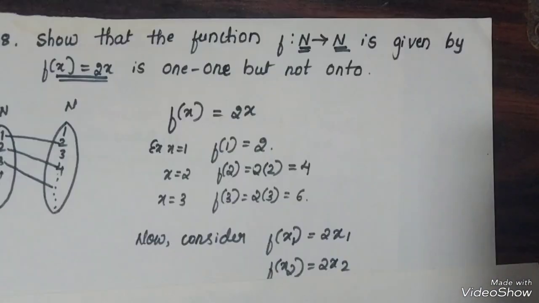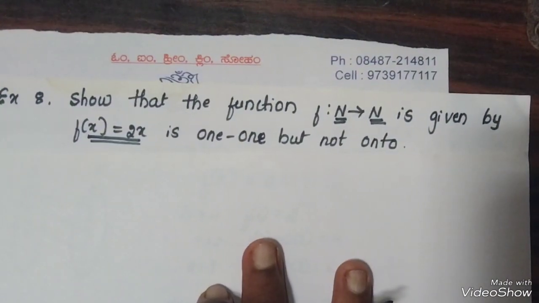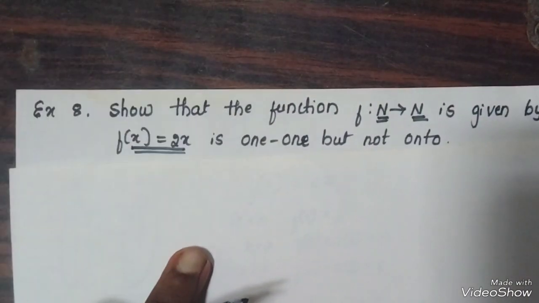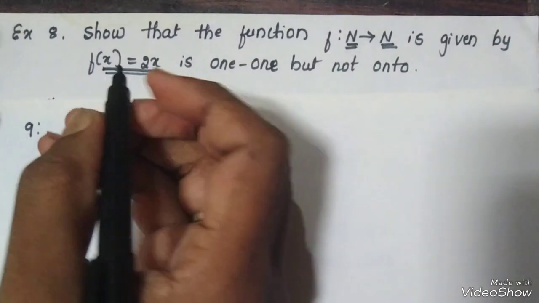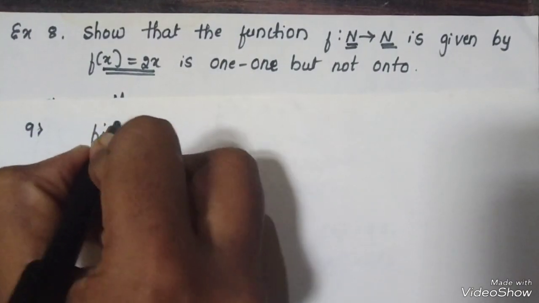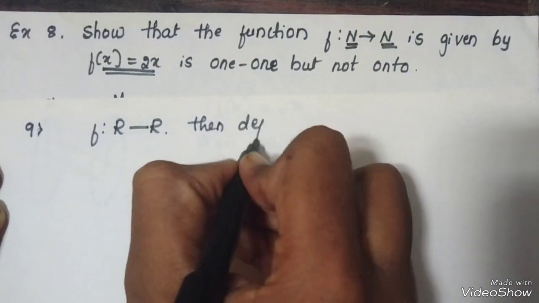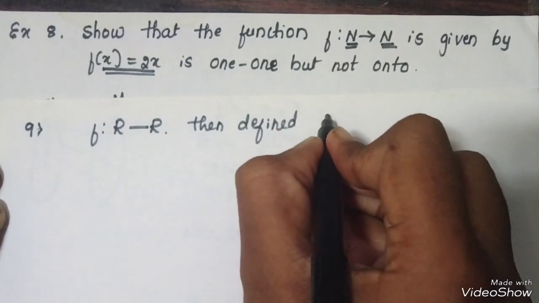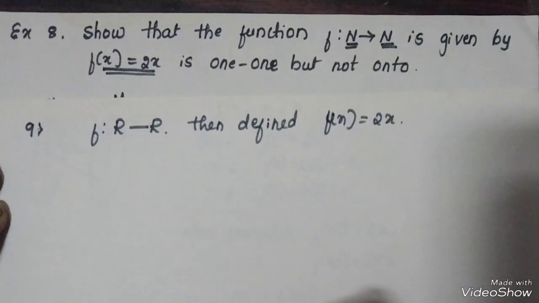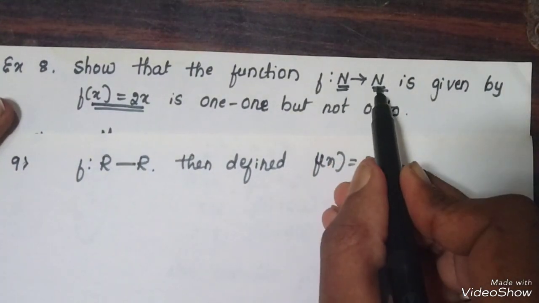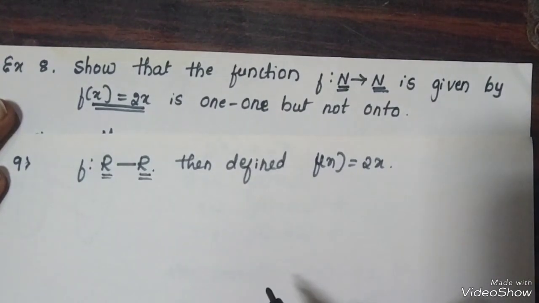Okay, the question is the same, but think that we take a function from real numbers to real numbers, defined by f of x is equal to 2x. Earlier it was natural number to natural number. Here we have to consider real number to real number.